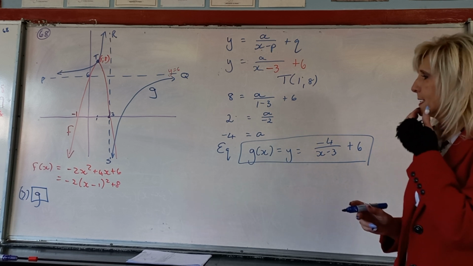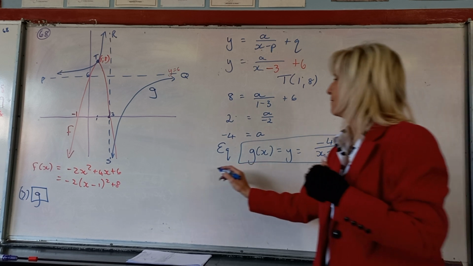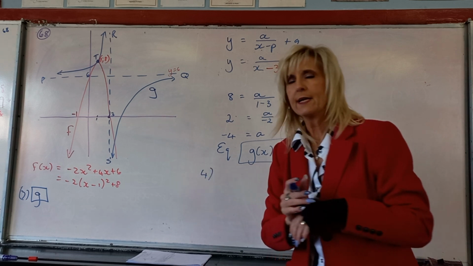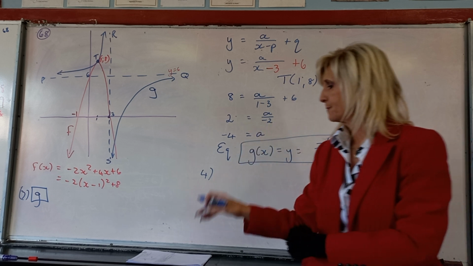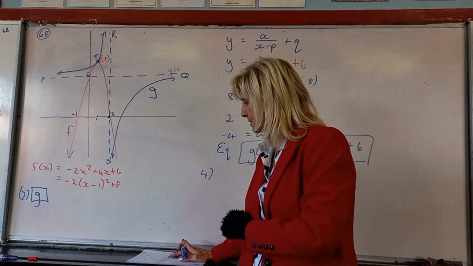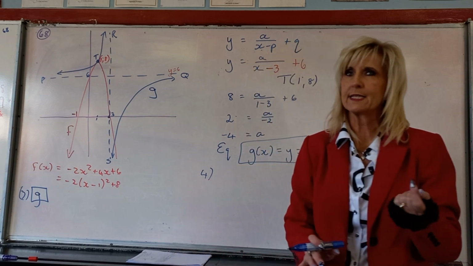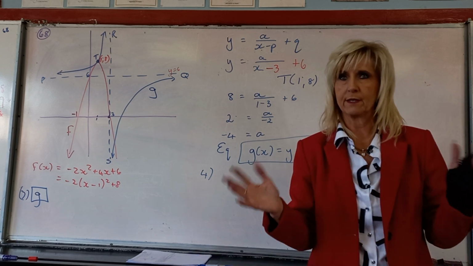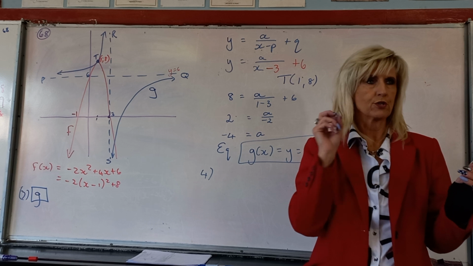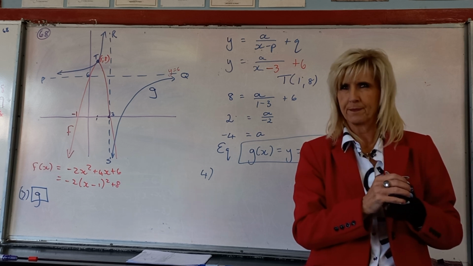Right, the next piece of the question says, find me the axis of symmetry for the hyperbola. But it specifically says, find the axis of symmetry that has a negative gradient. First of all, you know that the hyperbola is loaded. It's got 2 asymptotes and it's got 2 axes of symmetry.